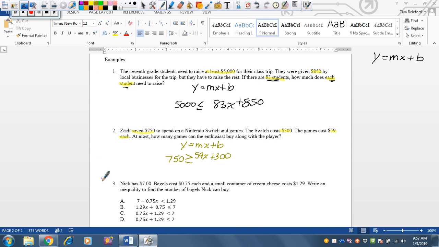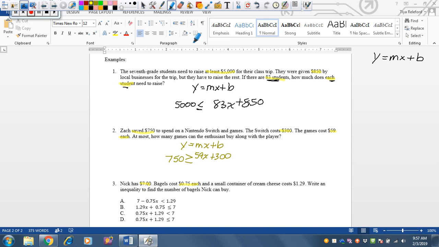Number 3, you don't have to write your y equals mx plus b if you don't want to, since they give you answer choices. You're going to do the same thing though. You're looking for what's being multiplied, what's being added or subtracted. It says Nick has $7. Bagels cost 75 cents each.